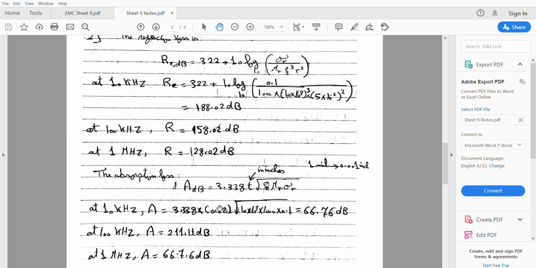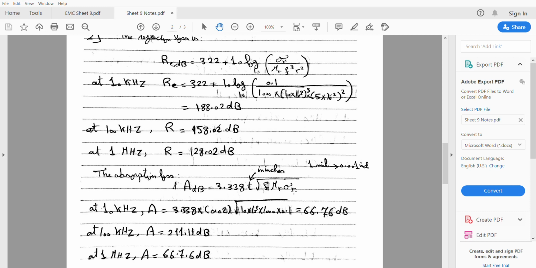So 3.338 times the thickness in inch, which is equal to 0.02, multiplying the square root of frequency at 10 kilohertz, 10 times 10 power 3, times mu r of the steel, which is equal to 1000, and multiplying by the conductivity of the material, which in this case is the steel, equal to 0.1.